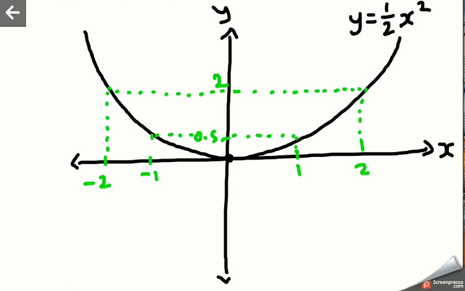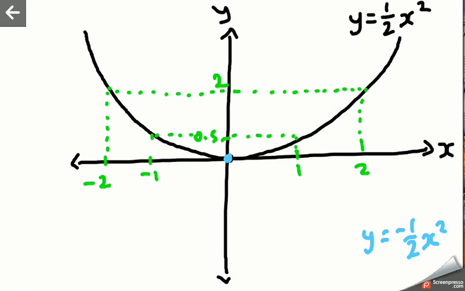We know what half x squared looks like. Let's now draw the graph of y equals negative 1/2 x squared. Well, first of all, when x equals 0, negative 1/2 times 0 squared is still 0, and anything times 0 is 0. So we're still going to go through the point 0, 0.